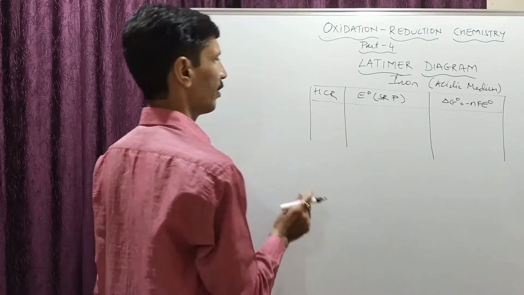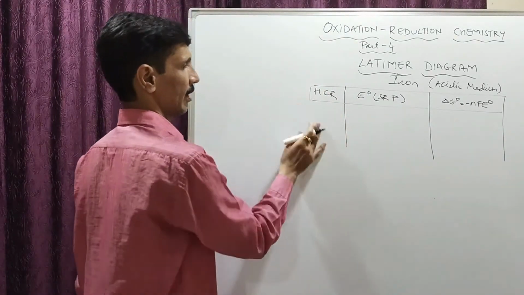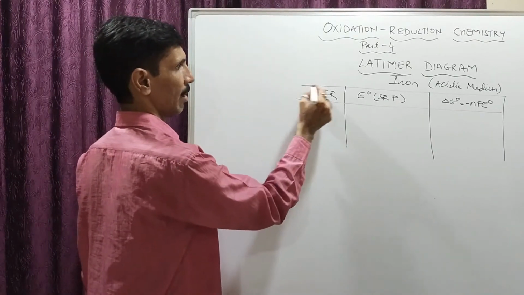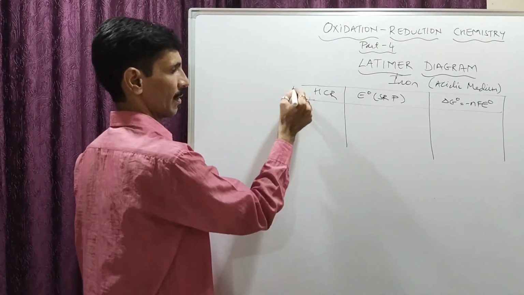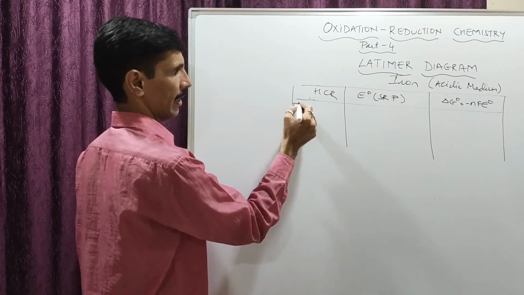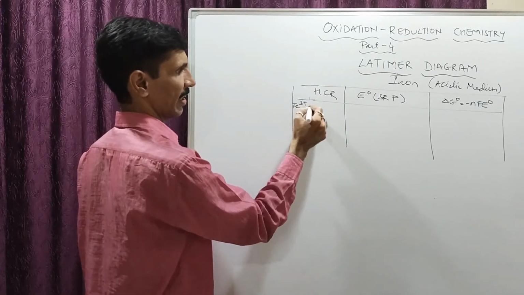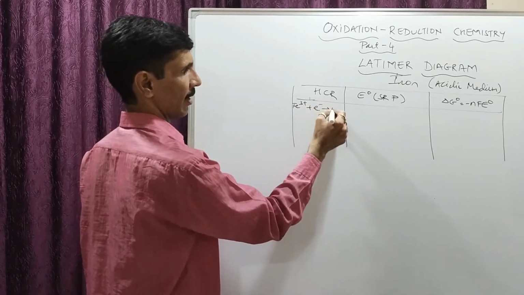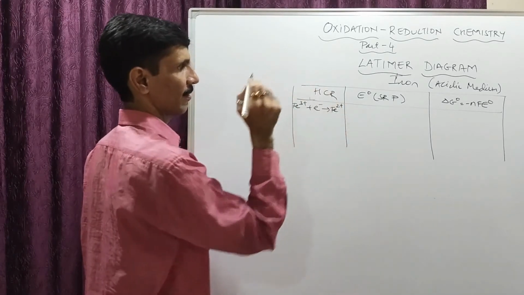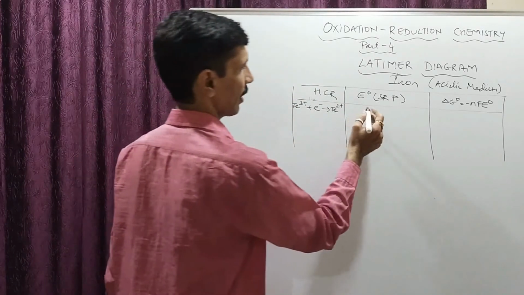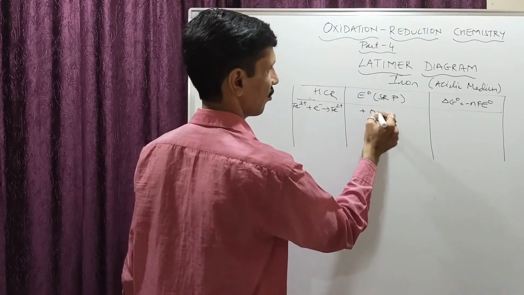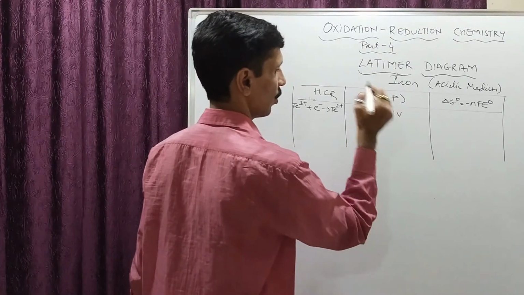So we start with the first reaction, my dear friends. The very first reaction is all about Fe in the 3+ state gaining an electron, it gives you Fe2+. The E0 value for this is plus 0.771 volt.